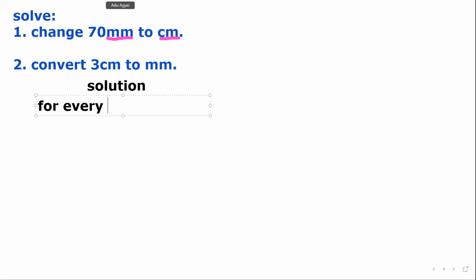for every 10 millimeters is equal to 1 centimeter.